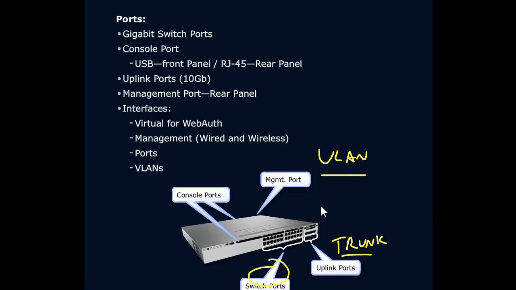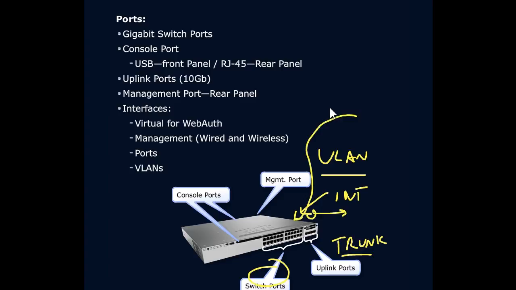Remember that as a switch that can provide routing functionality, I will also have VLAN interfaces. So a VLAN interface provides an endpoint so that the traffic coming from a VLAN can reach this device and then route out to another VLAN.